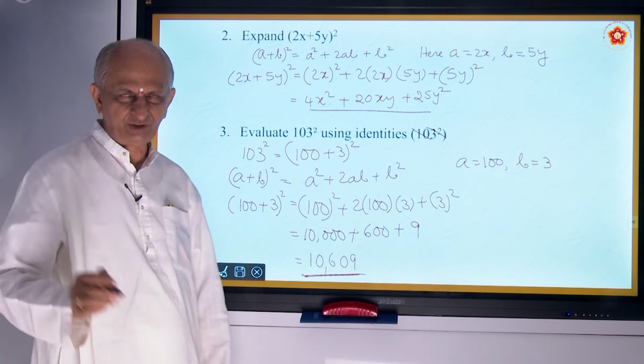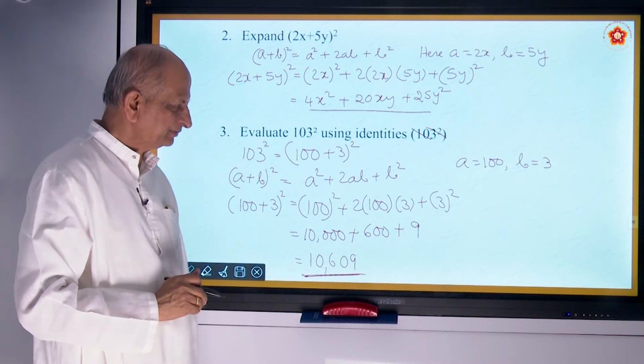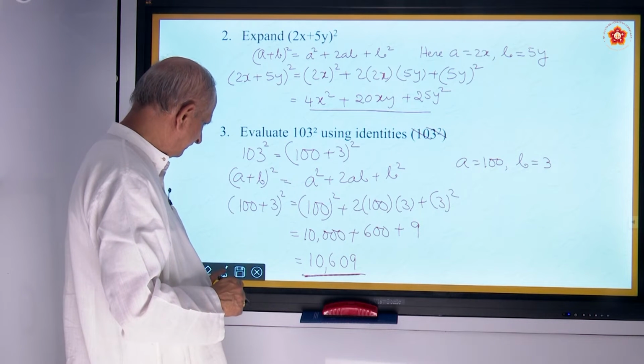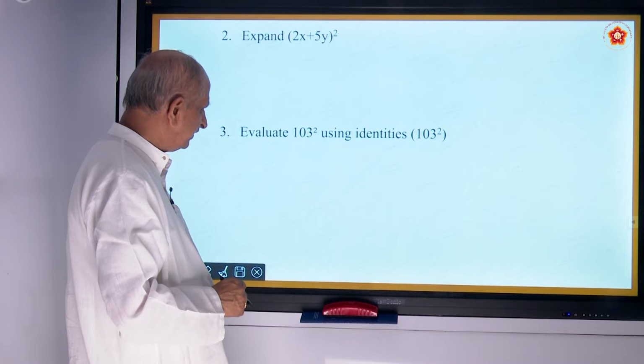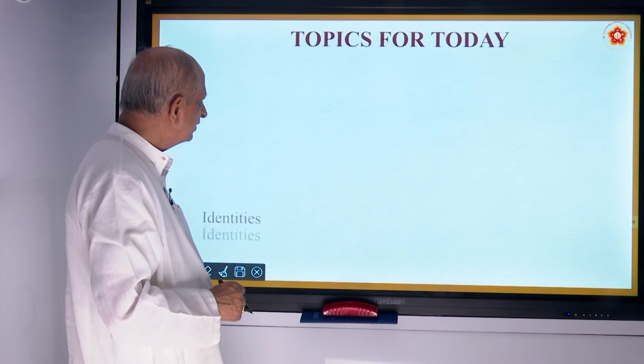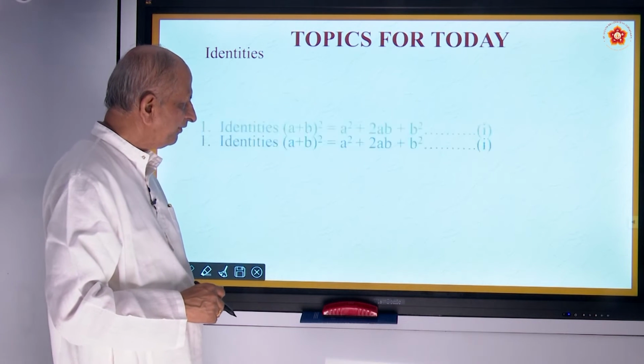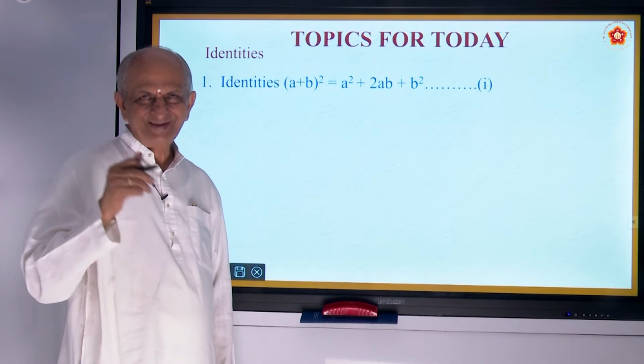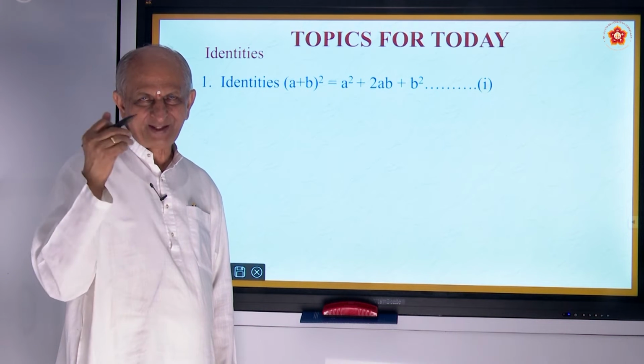Okay? Understood? Noted? Okay, now let us see topic for today. 2 more identities. The first identity we saw was a plus b whole square is equal to a squared plus 2ab plus b square.